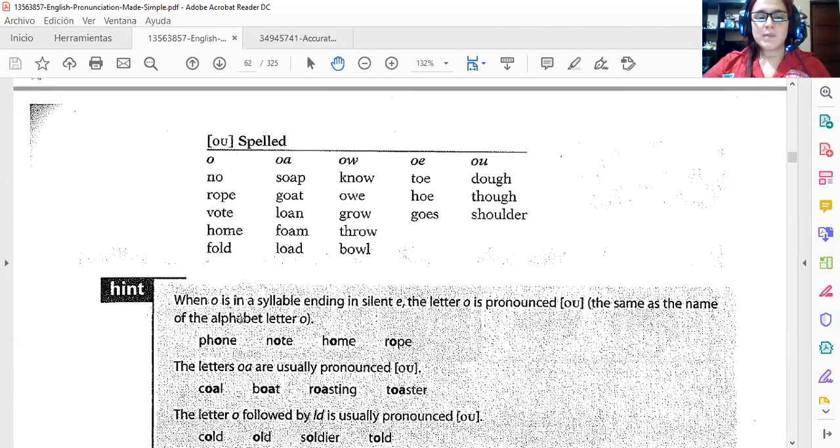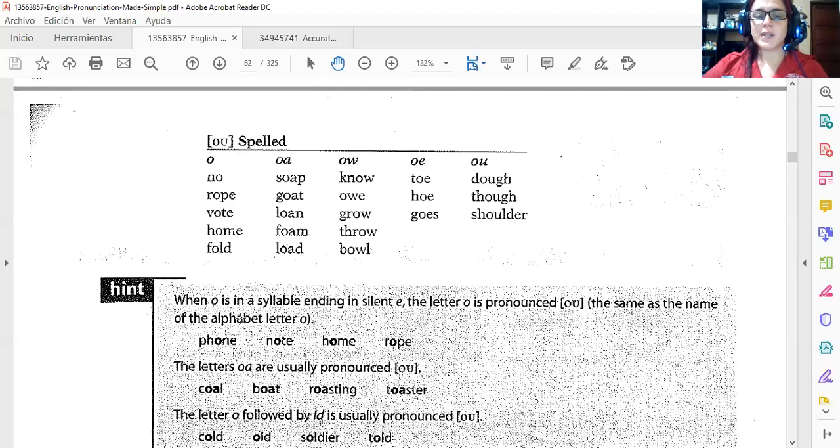The first column is for the letter O in words such as no, rope, vote, home, fold. Remember that vote has to be with the V, using your lips and your upper teeth.